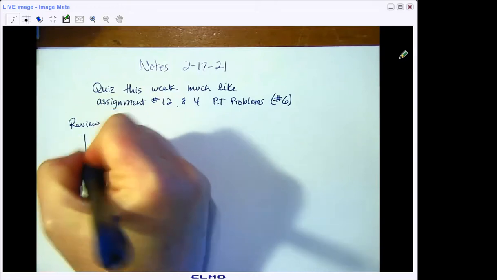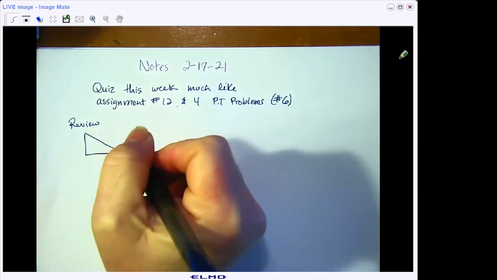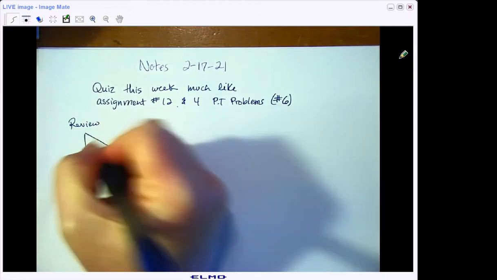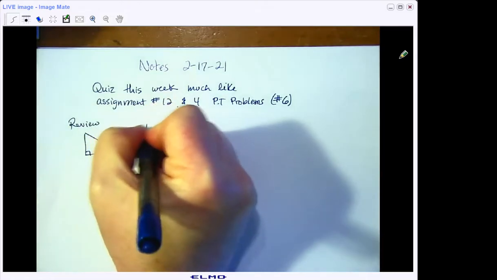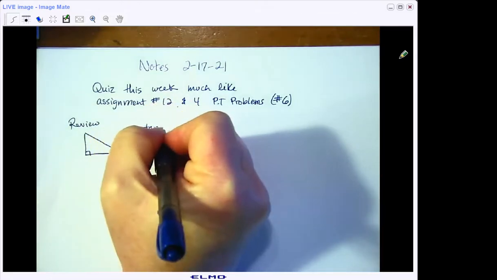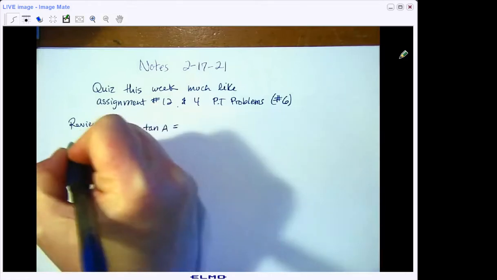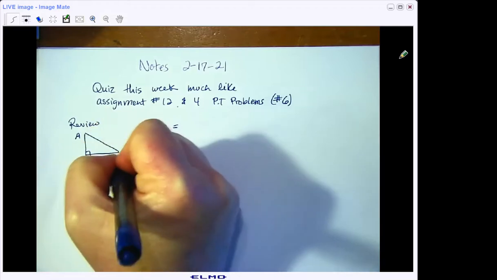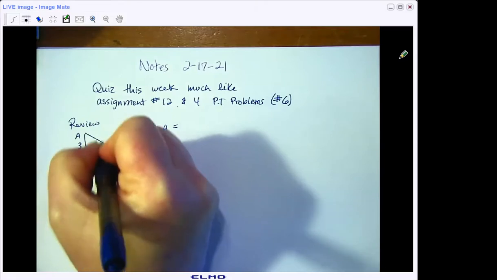If I give you a triangle, I want the tangent of angle, let's do A. So A, B, C, we'll just do an easy one, 3, 4, 5.